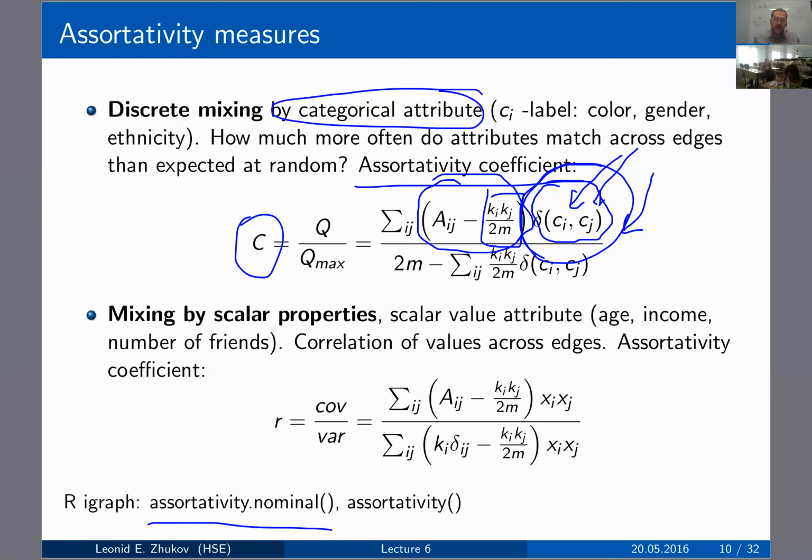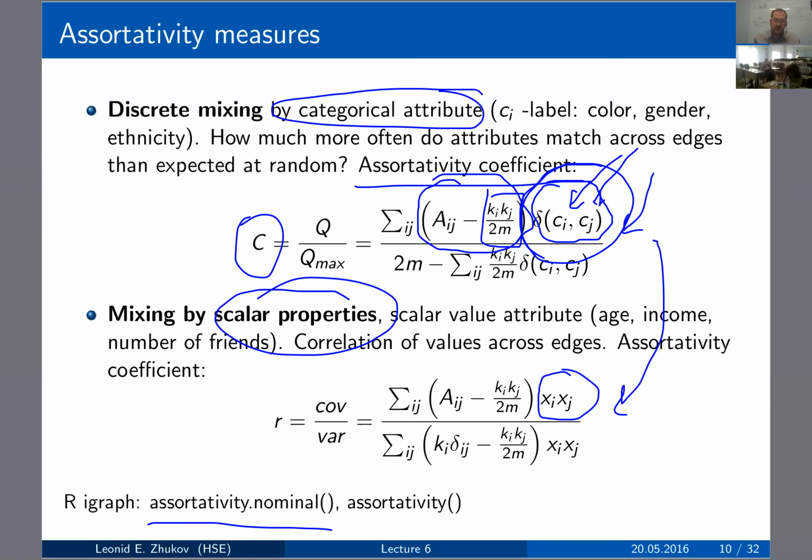And if you have actually scalar values, so for example, you have age or income, then it is a very similar formula, except that instead of just the delta function, the Kronecker symbol, we're actually putting in the actual values that nodes carry. And so this is really a traditional correlation function, but where you calculate correlation not among all the nodes in the graph, but only among those that are connected.